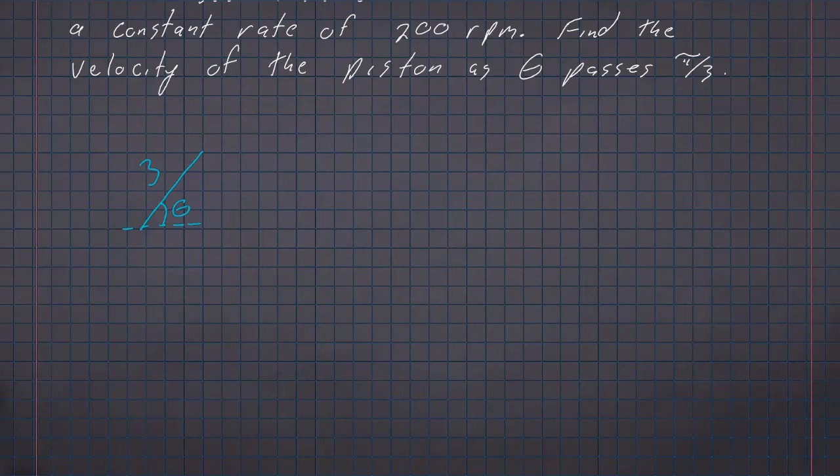Then the crankshaft is attached to the piston with another rod of fixed length 7 inches, and it's set up in such a way that the piston is along the same axis where we are measuring the angle. That's kind of how we determined what that angle meant.